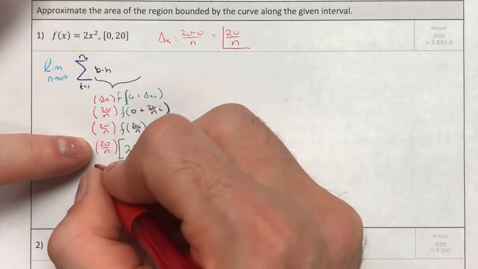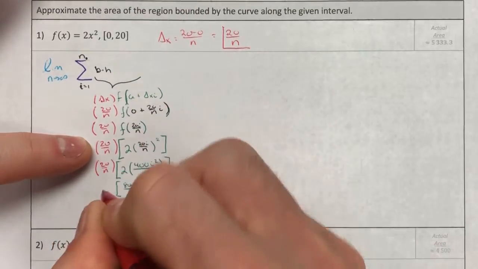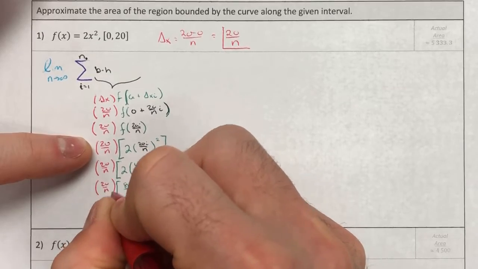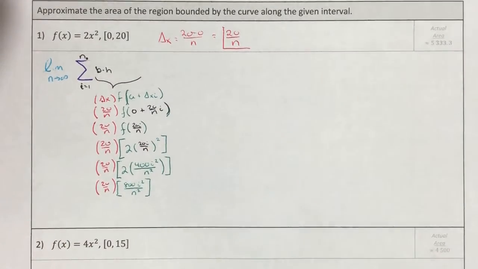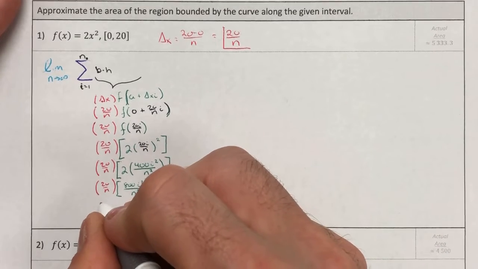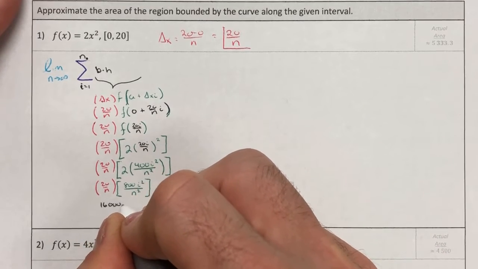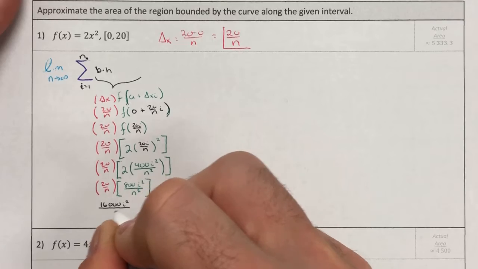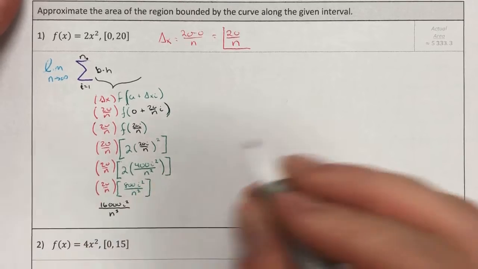And this is where I'm going to change my color. So 20 over n. And then when I combine these two, let's see, 20 times 800 is going to be 2 times 8 is 16 with 3 zeros. So 16,000 i squared over n cubed.